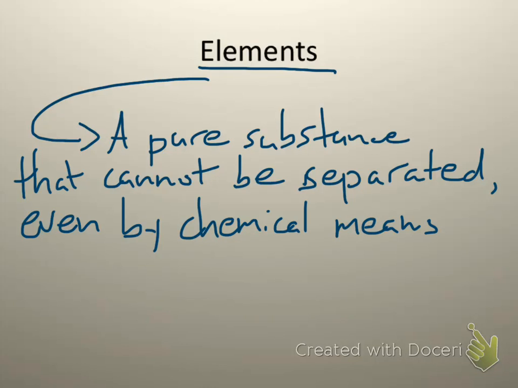So we know it can't be separated by physical means because it's on the right side of the chart. But an element is something that can't even be separated by chemical means. It just is what it is forever and ever.